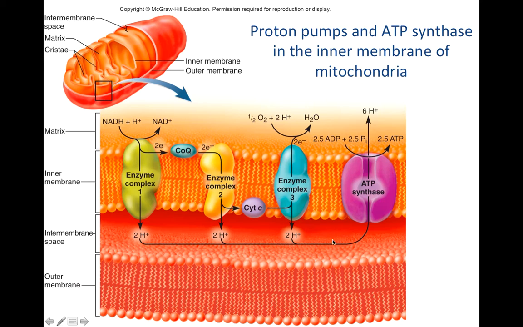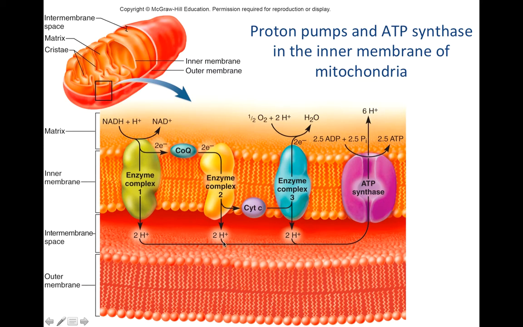That energy is what you've been making so far. The energy in this electrochemical gradient is what you're going to use to form this bond between the phosphate and this ADP. So ATP synthase is going to allow all these protons to flow through this enzyme into the matrix.